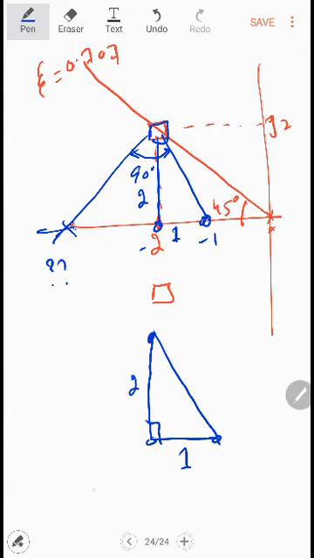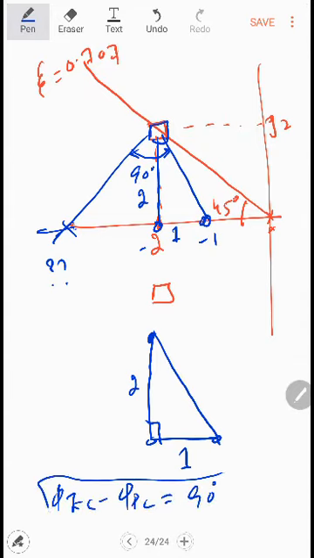So if we find the angle information, then we can find phi ZC minus phi PC, which is equal to 90. So we can easily find the angle of phi PC also, the location of this one.